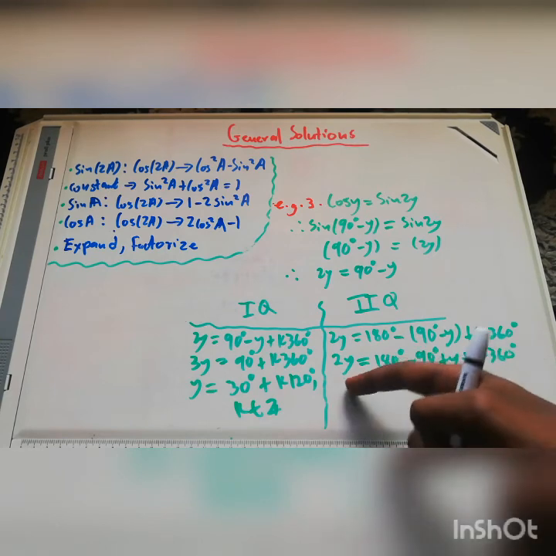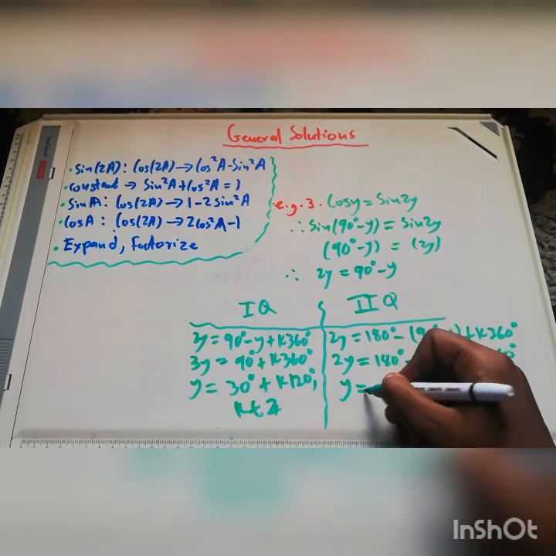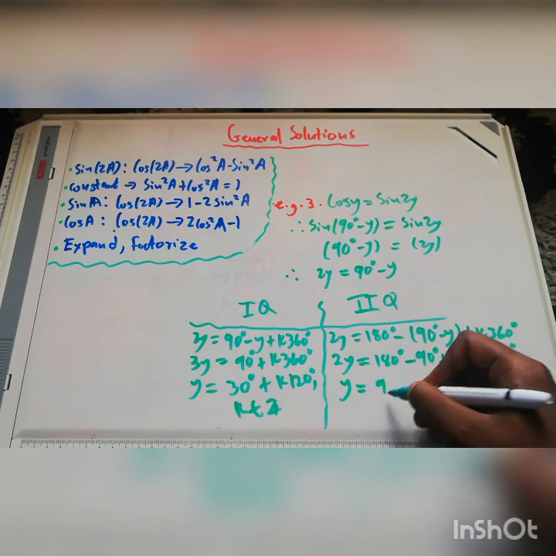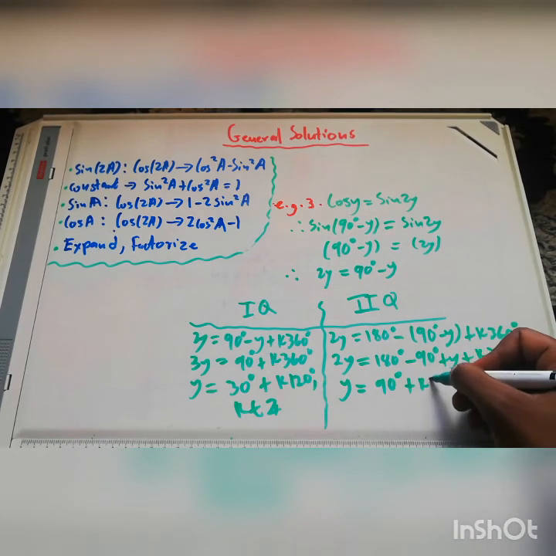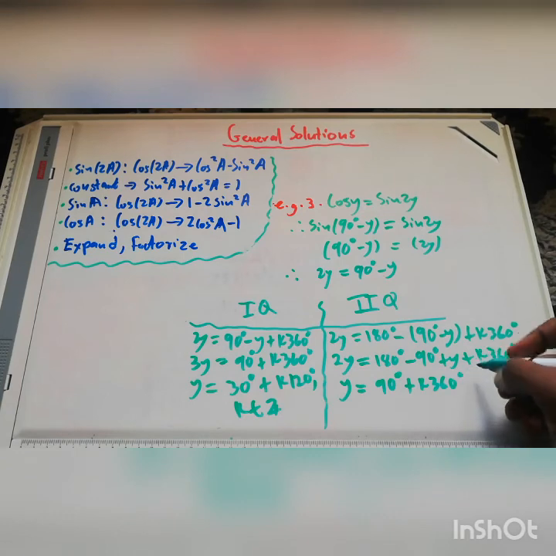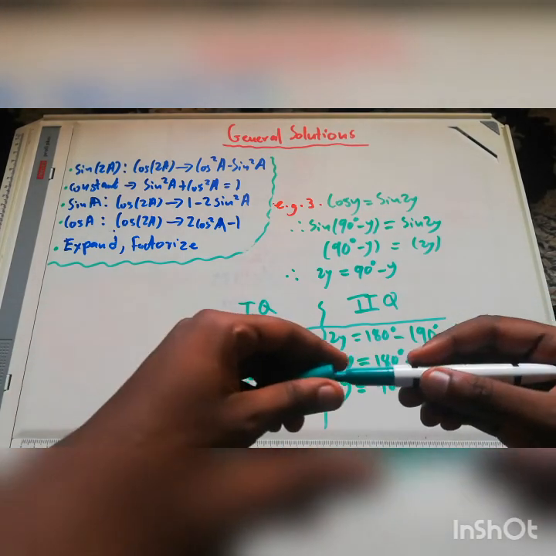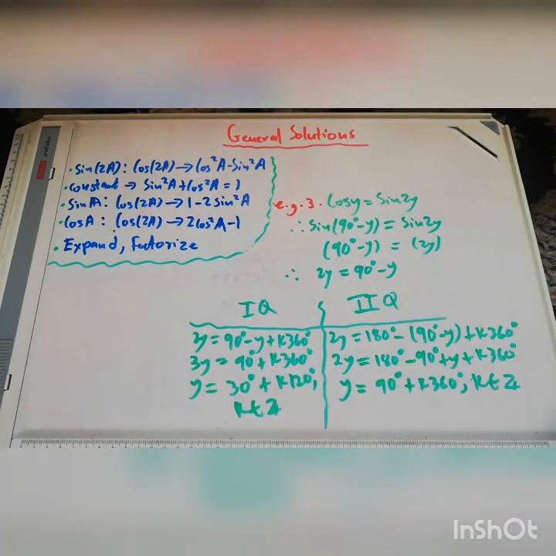So this y will come this side, so this side I'll have only 1y. Therefore 1y is equals to 90 degrees plus k 360 degrees, with k being an element of an integer. And then there you have it. You have finally solved your trigonometrical general solution.